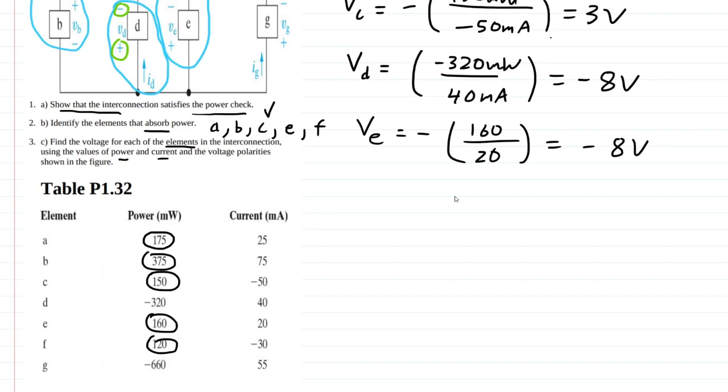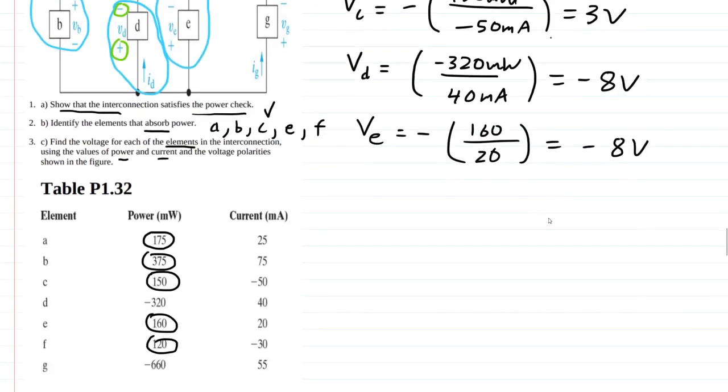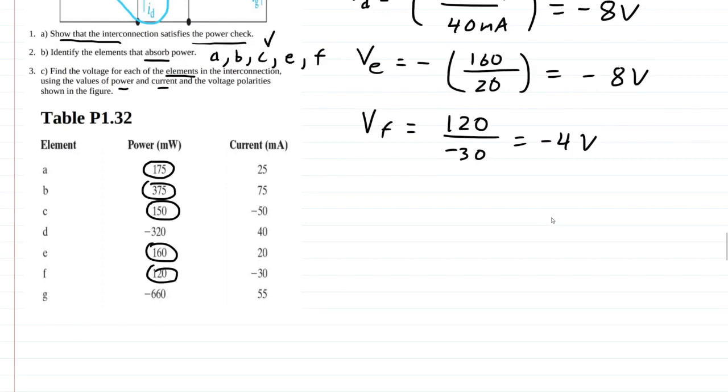All right, so for VF, we have the current flowing from plus to minus. So we're going to have a plus in the front of our expression. We also have 120 divided by negative 30, so it's going to be minus 4 volts. Pretty straightforward.